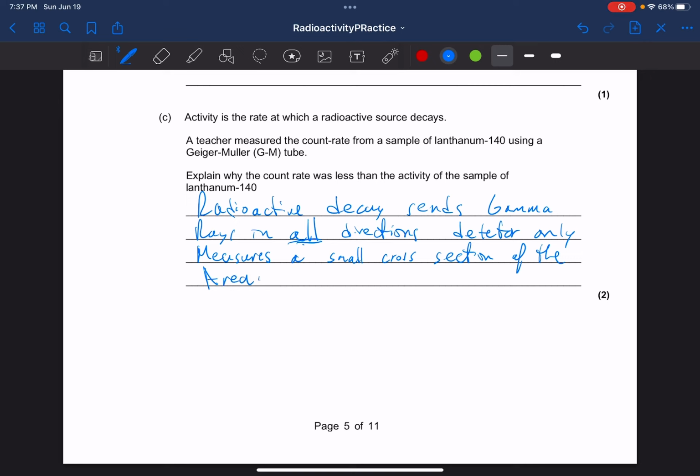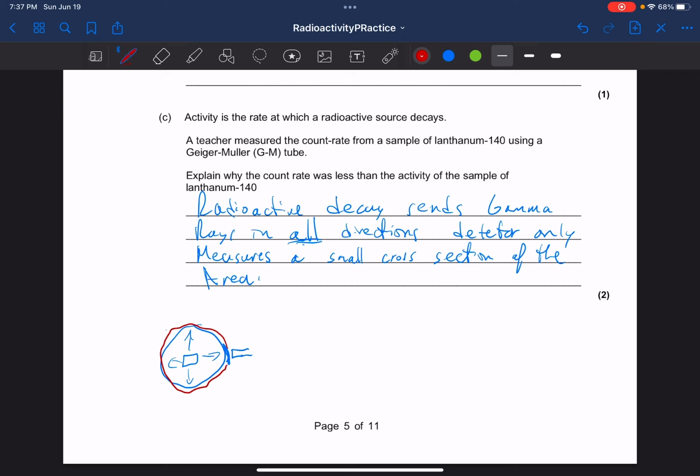If I draw a two-dimensional picture, basically, if I've got my source, the radiation is going in every single direction, basically an expanding sphere like this, and my detector is only right here. So it's only going to measure the gamma rays that come from that direction there. It's not going to measure all the rest of this.